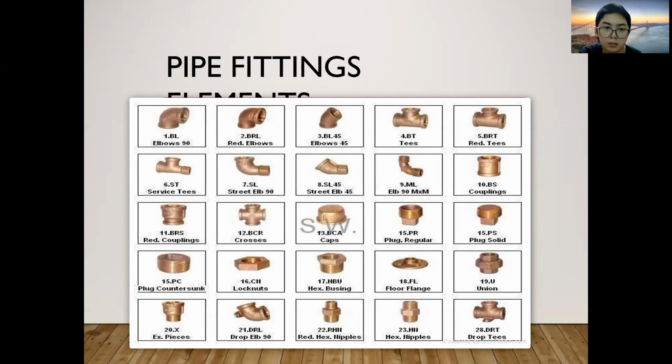So it depends on the particular system or the particular fitting of the pipe.